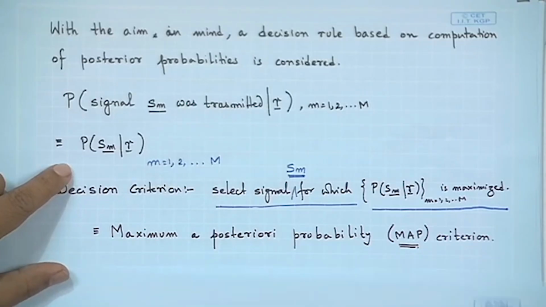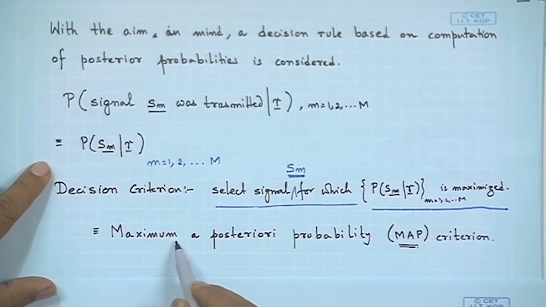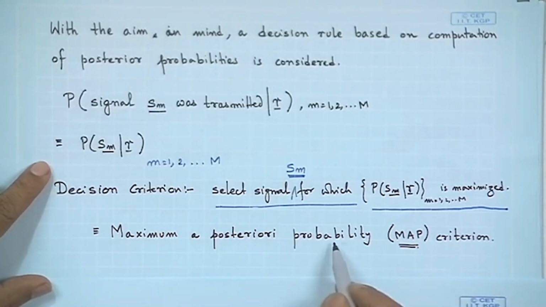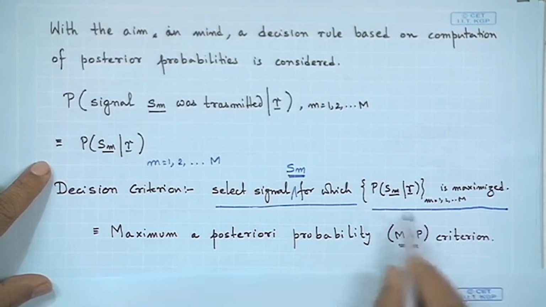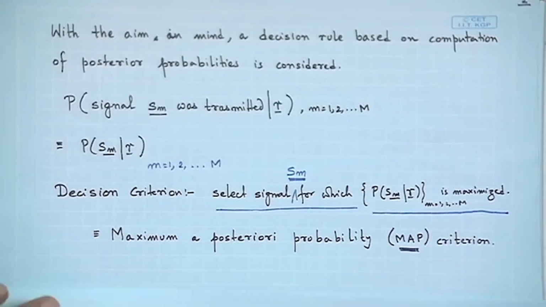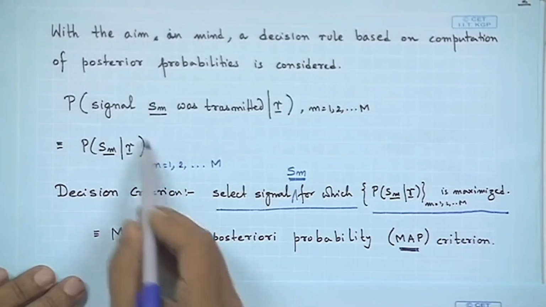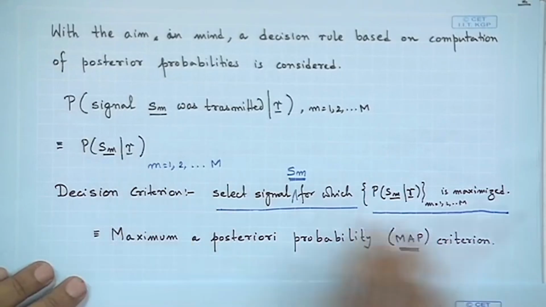So this kind of criteria is known as the maximum a posteriori probability criteria, and this kind of receiver is denoted by the MAP rule. So this is the rule that we are going to follow. To proceed with this, we have to start looking at what this particular expression tells us.